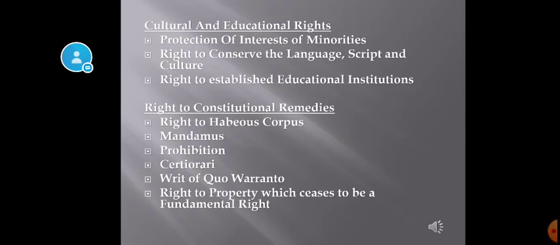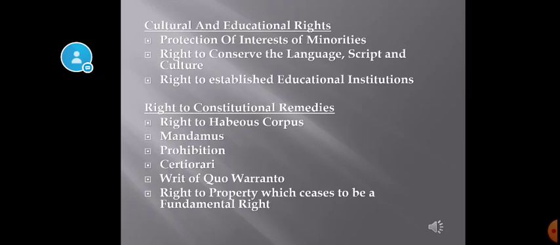A big declaration of the fundamental rights is useless unless there are the means to make them effective. Article 32 guarantees the right to move the Supreme Court for the enforcement of the rights conferred by Part 3 of the Constitution.